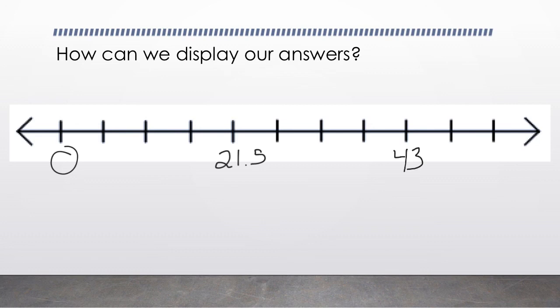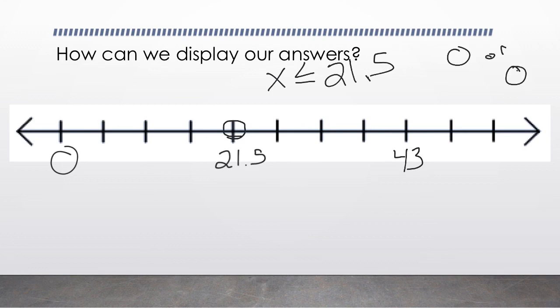So first thing we're going to do is we know that our answer is x must be less than or equal to 21.5. Okay? So I am going to put a dot at 21.5. We either use open dots or closed dots, filled in circles. An open circle means as close as I can get, but not equal to.